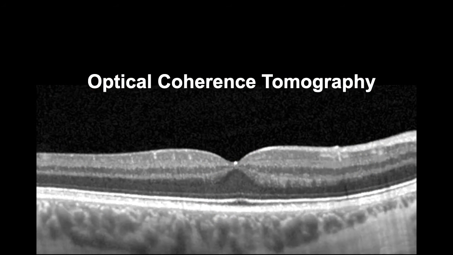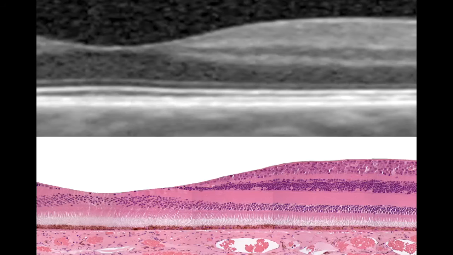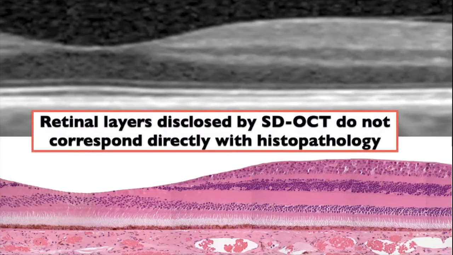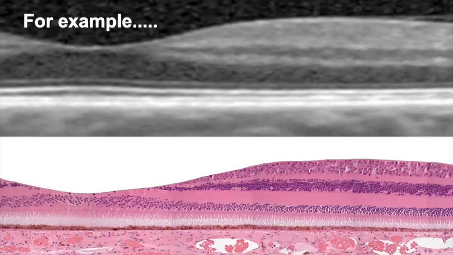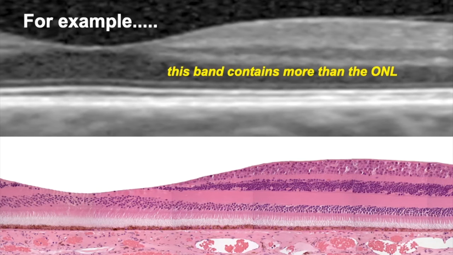Optical coherence tomography has revolutionized retinal diagnosis during the past decade. The OCT of a patient's fovea and the corresponding histopathology are seen in these photos. It is evident that the layers disclosed by OCT do not correspond directly with the histopathology. For example, the dark band in the outer retina contains more than the outer nuclear layer.